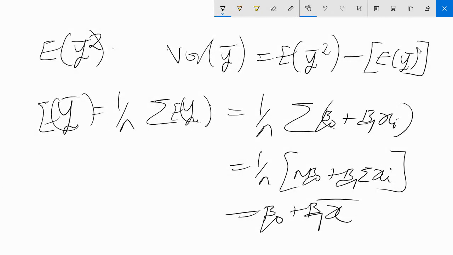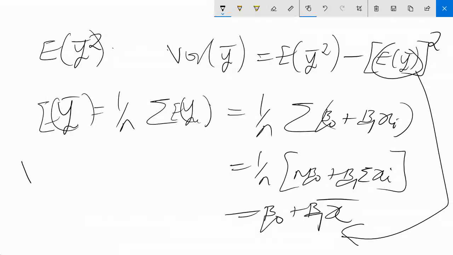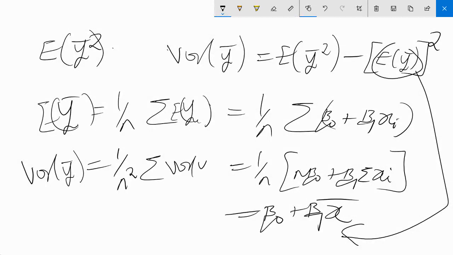So the expected value of y bar here, we're going to substitute by this guy. By the way, that's a square here. This thing is all squared. So we're going to substitute here by this guy. Now, what is the variance of y bar? The variance of this is going to be 1 over n squared because it's a constant, times the variance of yi. The variance of yi is sigma squared.